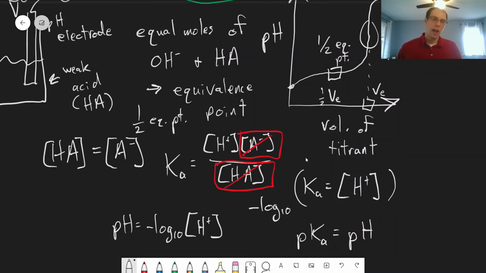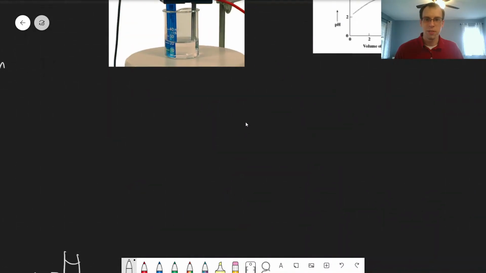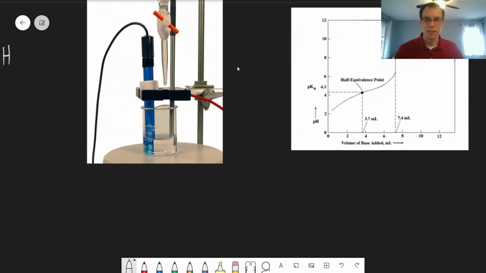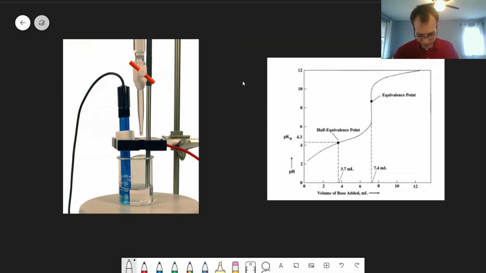So how would we actually do this in lab? I just wanted to show you a picture real quick of what this setup would look like, as well as looking at this plot again. On the left here, I have a picture of how you might actually do this titration in lab. This is a little bit nicer setup than we have, but the basic idea is there.